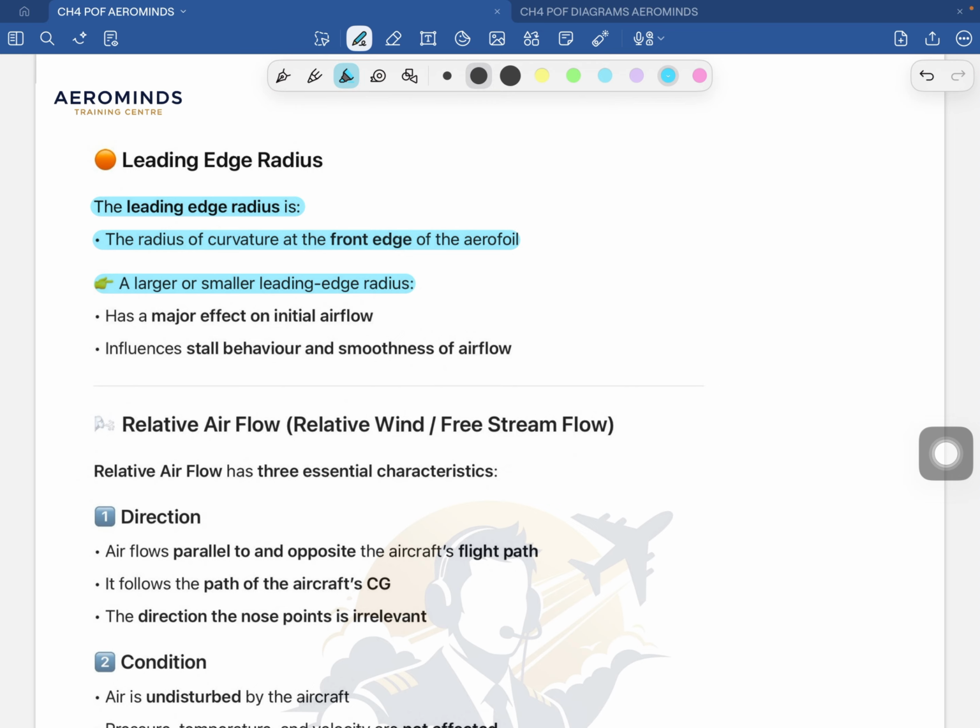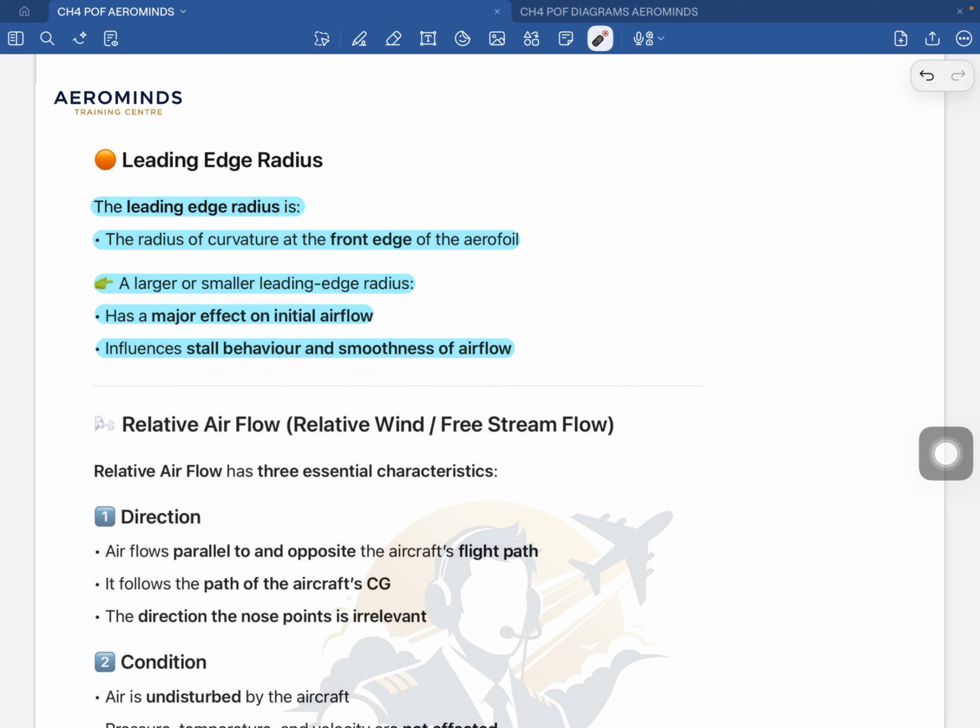If the leading edge is too sharp, the airflow may separate easily. If it is more rounded, airflow can follow the surface more smoothly. So remember, this has a major effect on the initial airflow, and directly influences the stall behavior and the smoothness of the airflow.